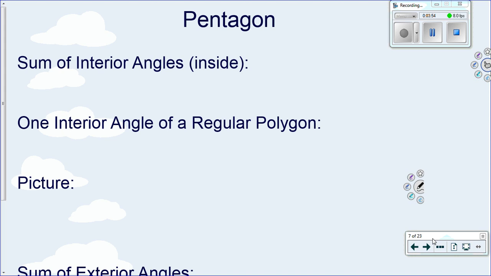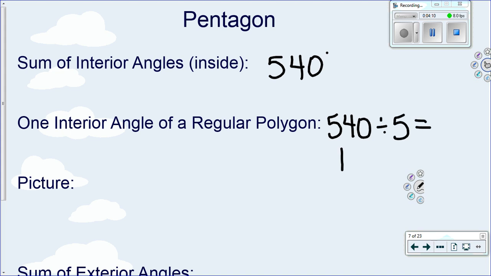Our next shape is a pentagon. A pentagon has 5 sides. The sum of the interior angles equals 540 degrees. If we take that 540 degrees and divide it by the 5 angles it has, we get 108 degrees per angle.